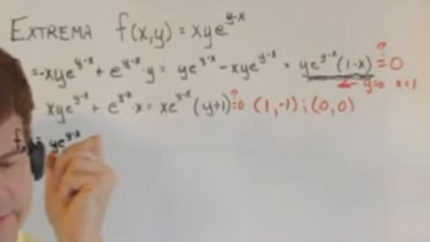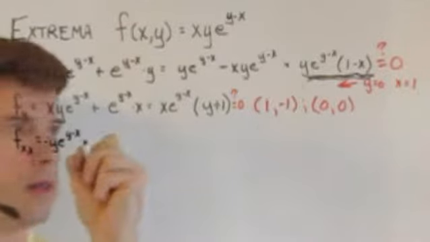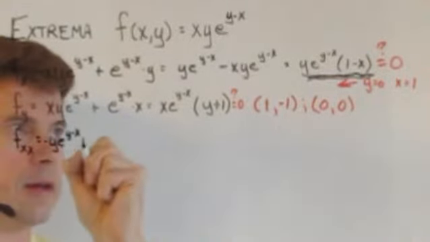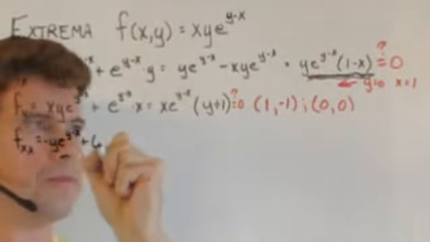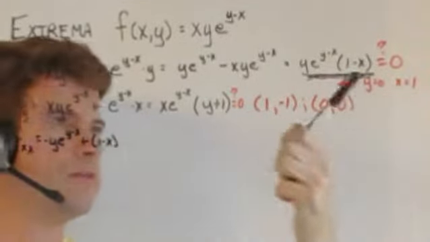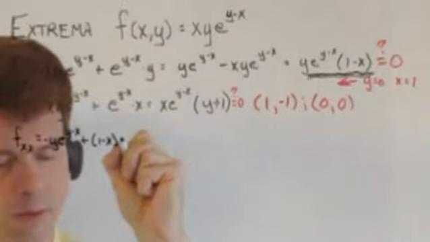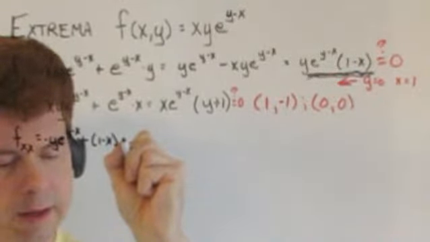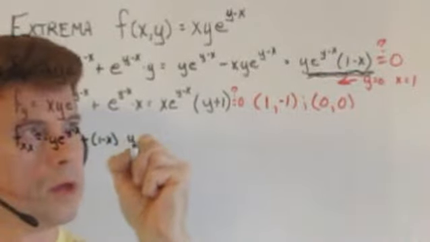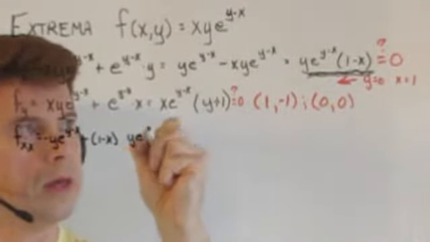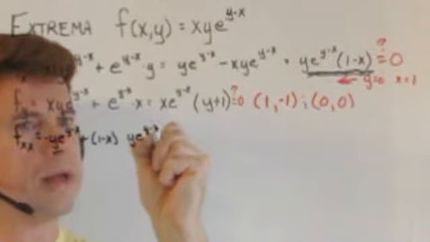So we have a negative out front, and then plus the second times the derivative of the first, which is going to be then just y e to the y minus x.